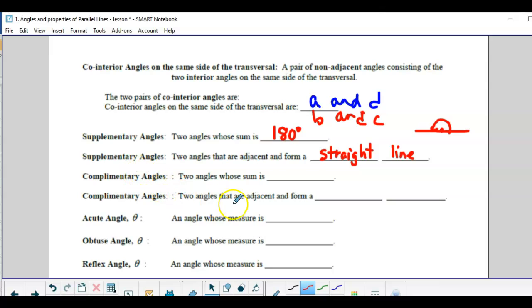Complementary angles, their sum is 90 degrees. So they form a right angle. That's a special name to it.